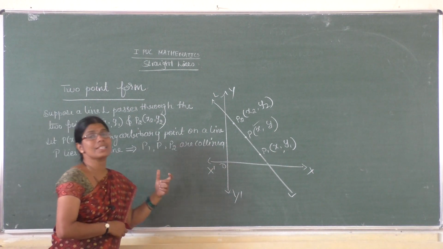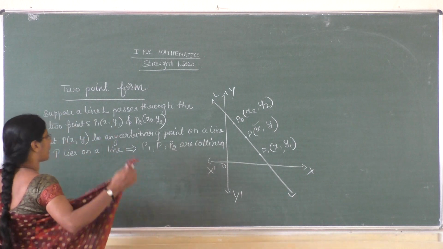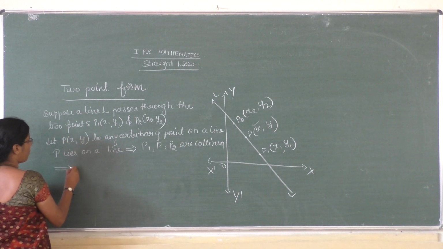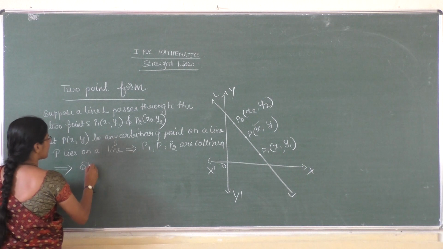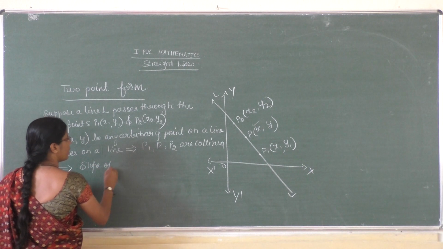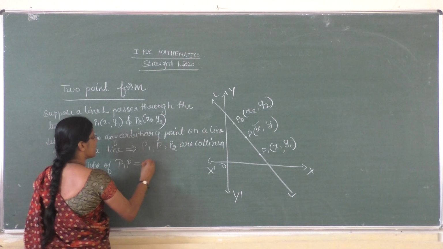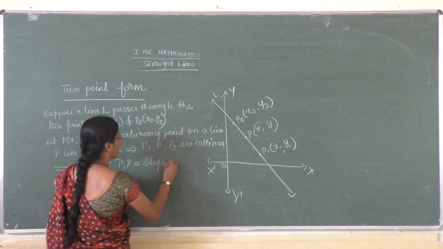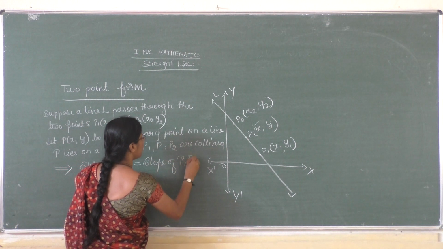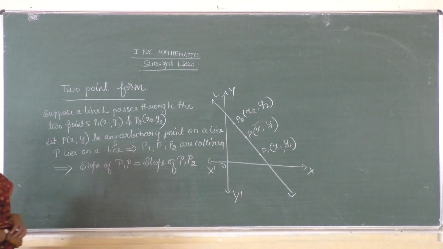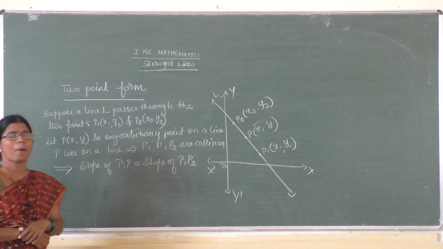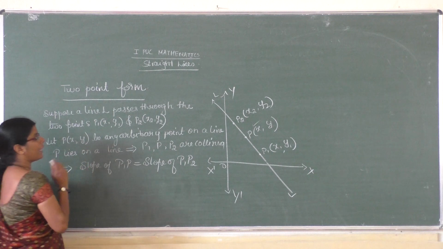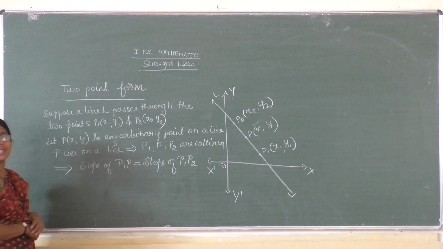So the 3 points are collinear implies what? According to the condition of slope, the slope of P1P is equal to the slope of P1P2. What is the formula for a slope?